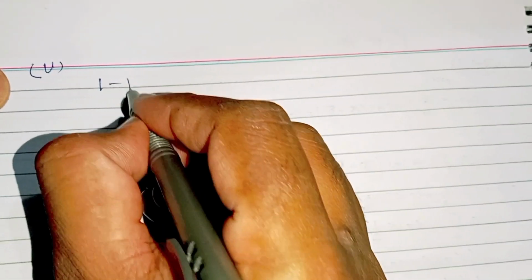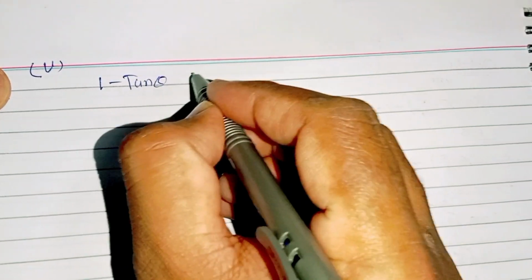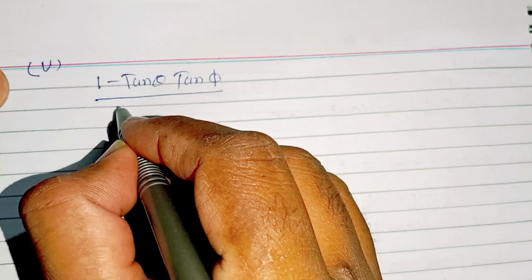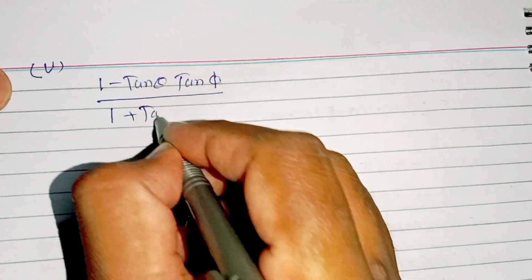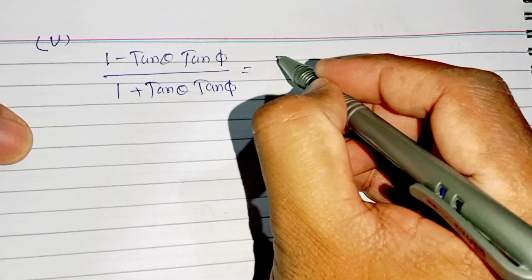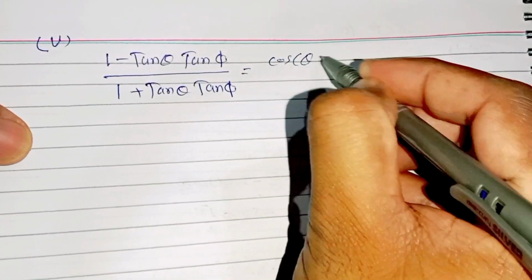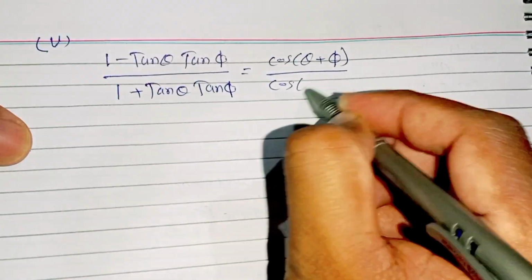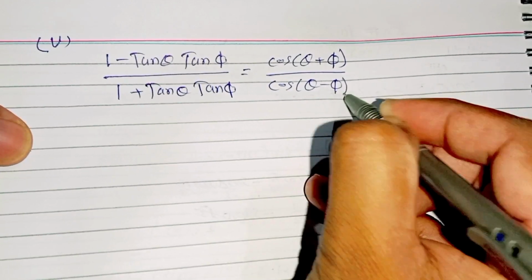Part number 5: (1 minus tan theta tan phi) over (1 plus tan theta tan phi) is equal to cos of (theta plus phi) over cos of (theta minus phi).